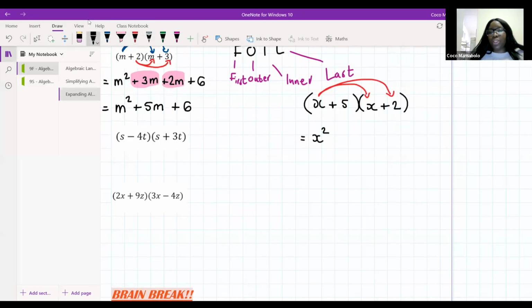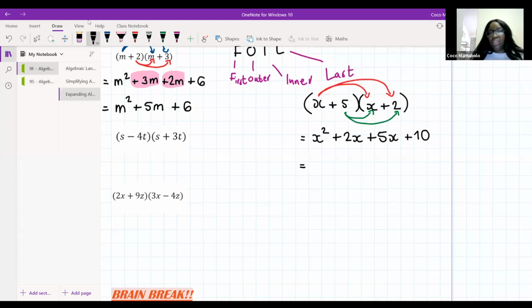So x times 2 becomes positive 2x. Beautiful. Let's do the bottom. Now I've got the inner one, which is positive 5 times x will give us positive 5x. Wonderful, 5x. And then I'm going to get positive 5 times positive 2 will give us positive 10.